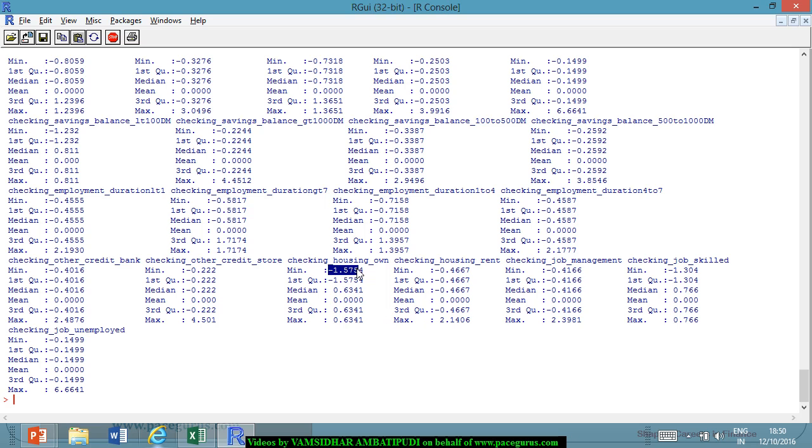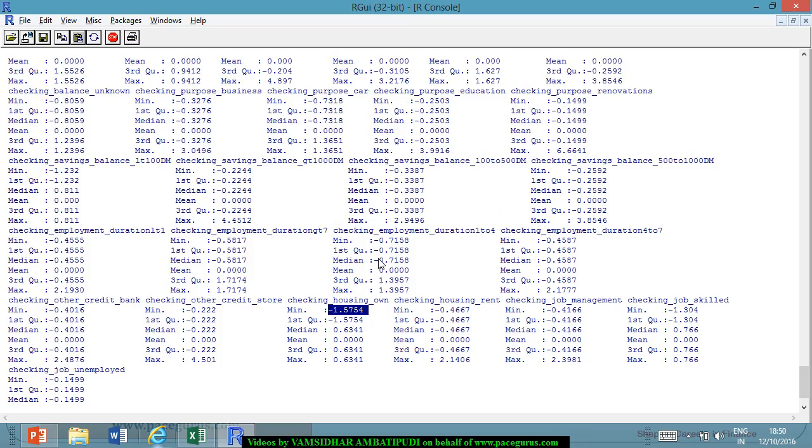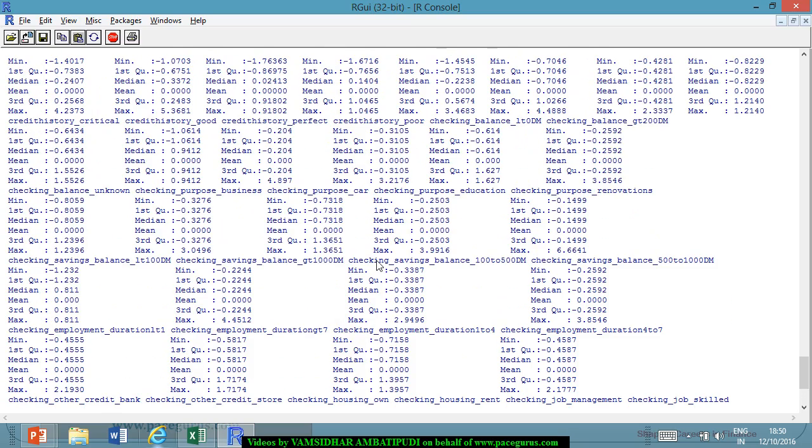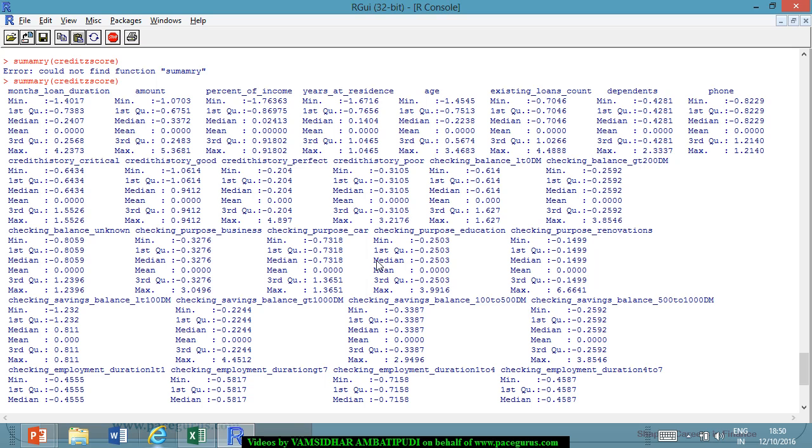The values are some negative, some positive, but the majority of them lie between -3 and +3. Very rarely you have a few observations which are much above +3 or much below -3.